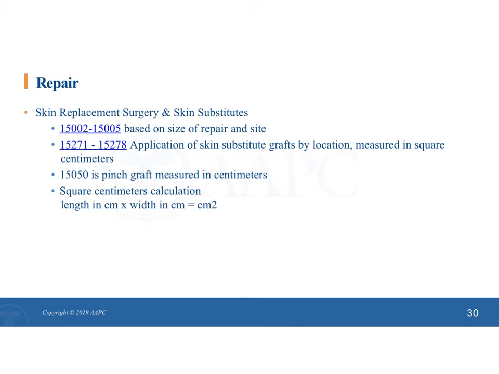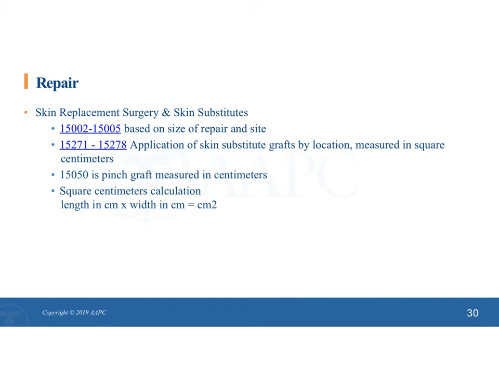If the recipient site, which is the site of the defect, is a problem and requires surgical prep before the repairs, it is reported with 15002 to 15005. You would choose the code based on the location and the size of the resultant defect.